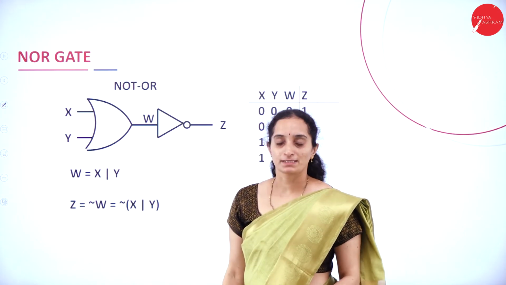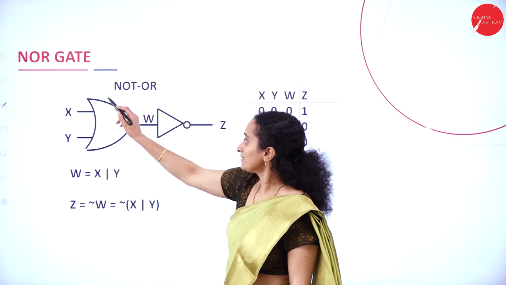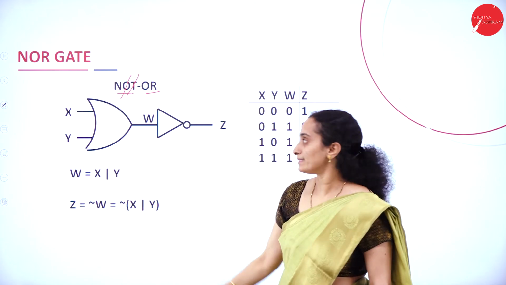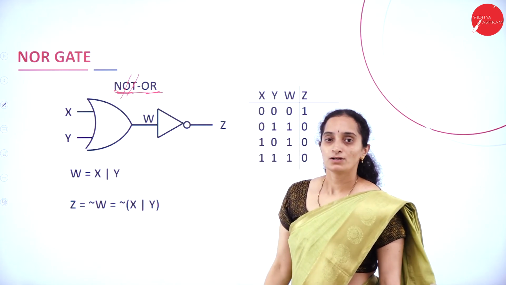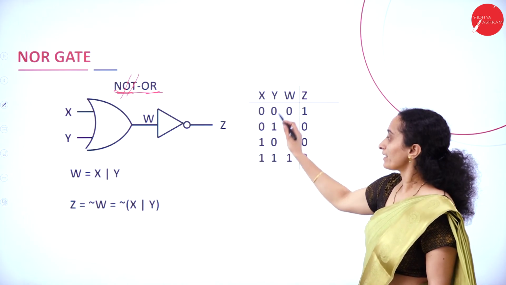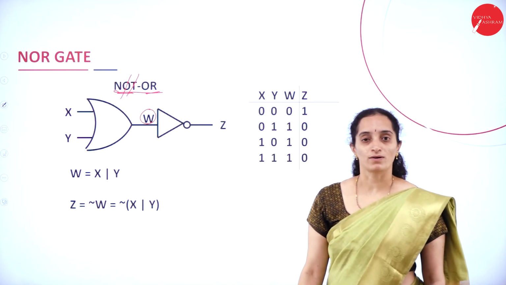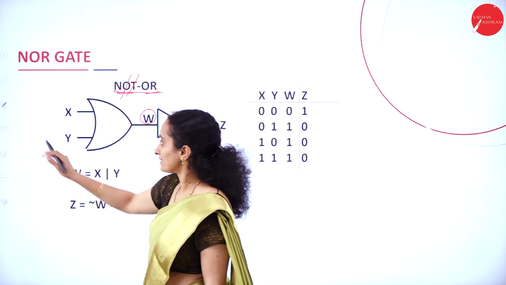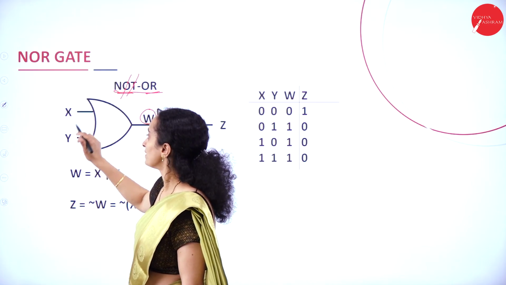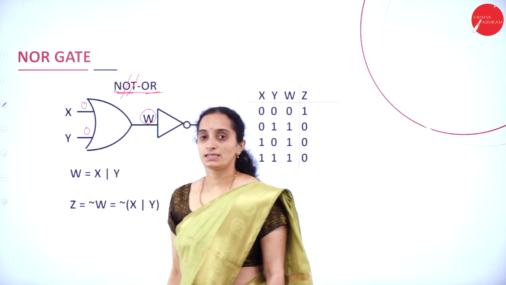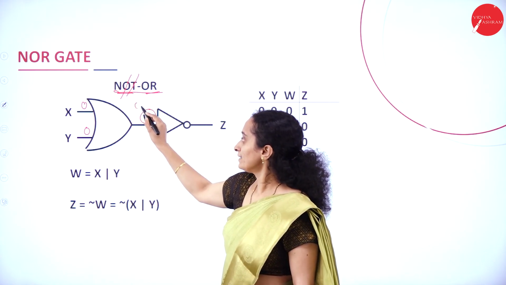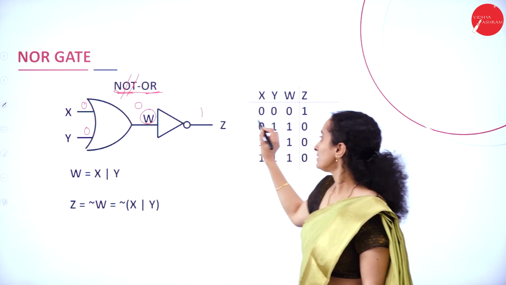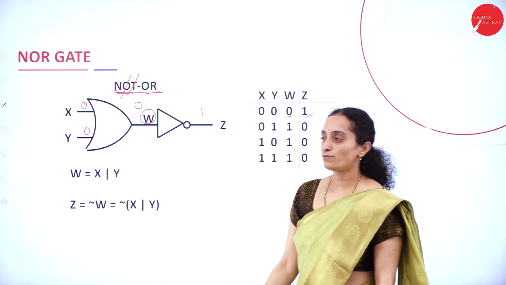Now we have the representation of the NOR gate. It is NOT plus OR. The O and T will be cancelled, giving the term NOR gate. Again, the NOR gate has an intermediate product W. If you check with the cases, when X is 0 and Y is 0, you will get the result 0. 0 when it passes through the NOT gate becomes 1.